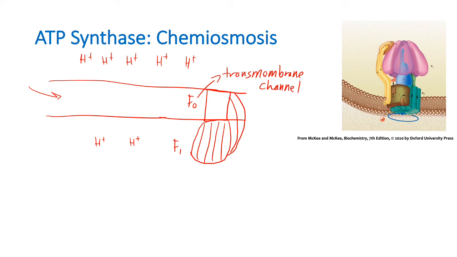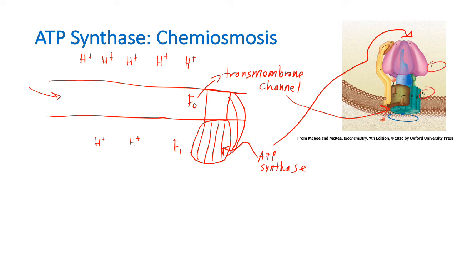And the F1 unit is called the ATP synthase. We're looking here, transmembrane, because it spans the membrane. Hopefully you can see that, that's F0, that's F1.